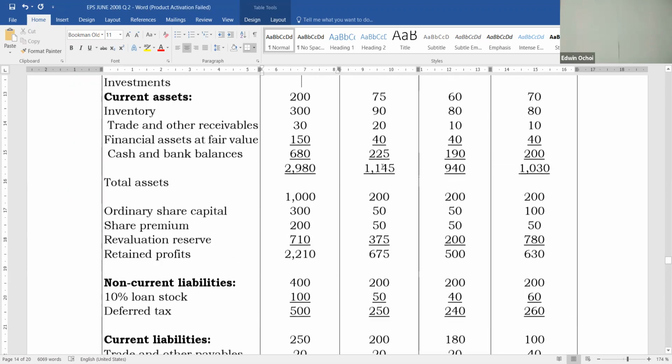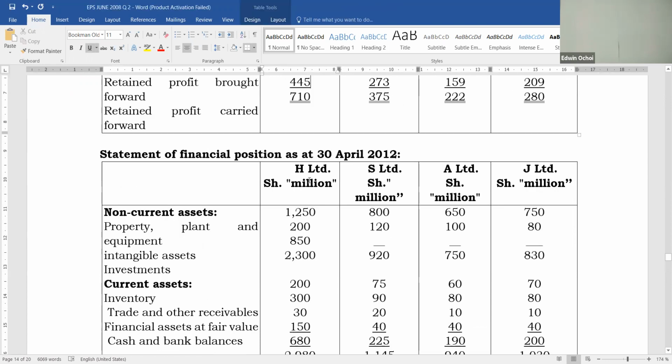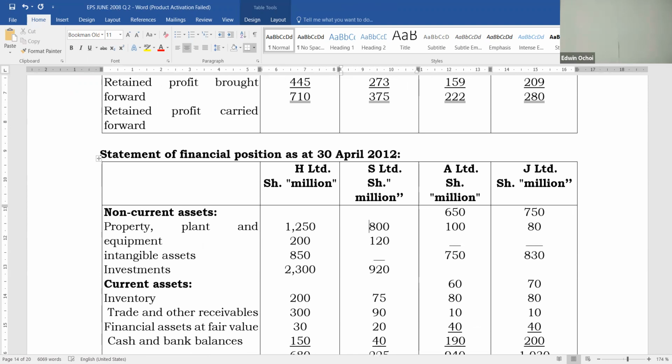So if we go up to the non-current assets, you can see we have property, plant and equipment.